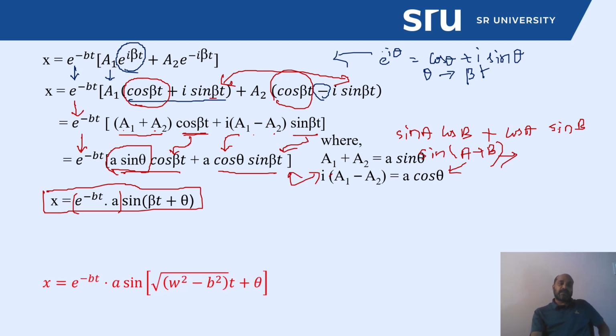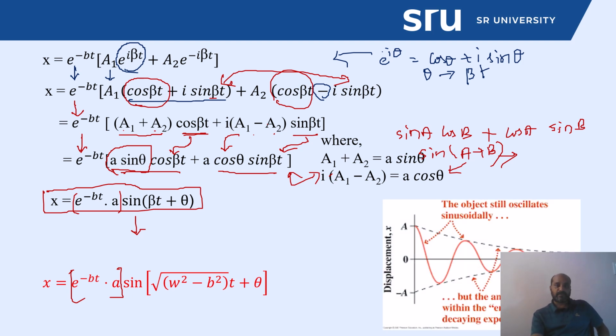Right, now if you see, this is the final solution for the under damped condition. x is A e to the power of minus bt sine of under root omega square minus b square times t plus theta, and this will be the behavior of this equation. Now just see here, what does it mean?